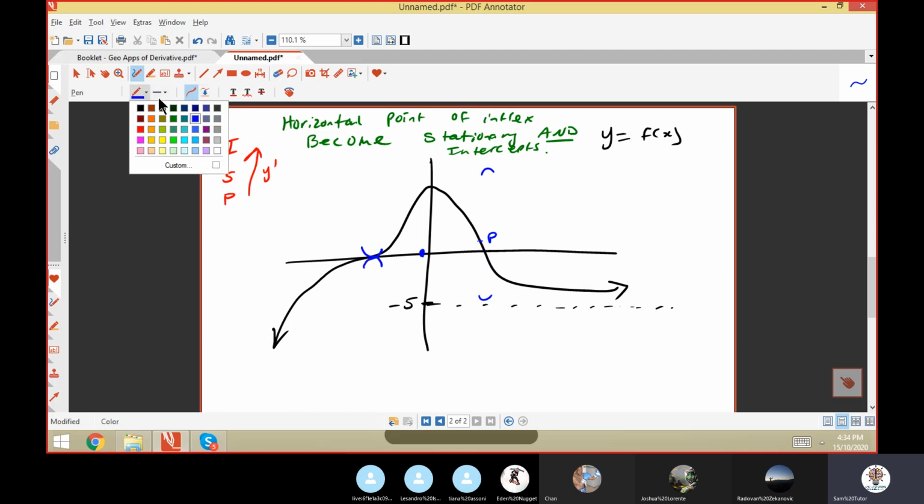Because we're going to start up here, right? Going to go down. What are you going to do? Hit this, come back up. And then I'm meant to have an intercept. For me to have an intercept, I've got to come back down, which means I've got to have another stationary point. That's really weird. And that's the other one that everyone misses.